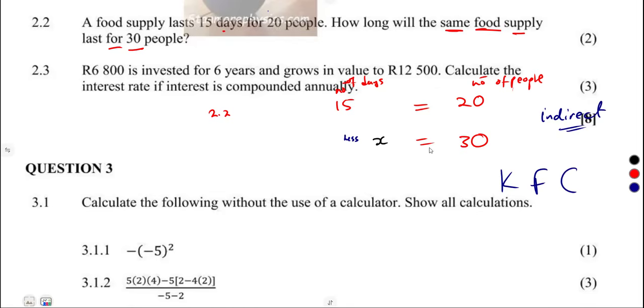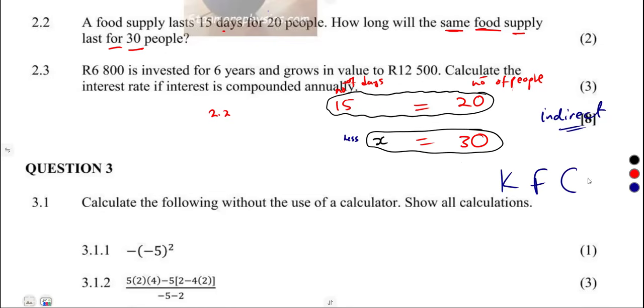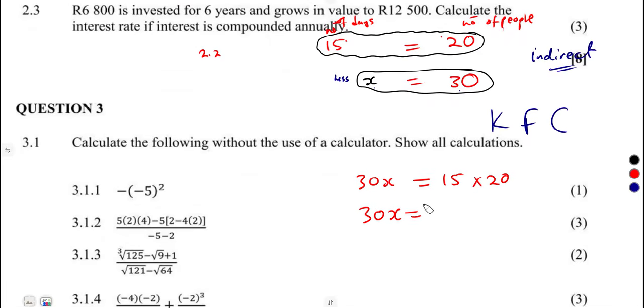Remember, for indirect, you multiply corresponding values as it is like this. If it was direct, you would cross multiply, but for indirect, you take it this way. So X times 30, 30X, must be equal to 15 times 20.